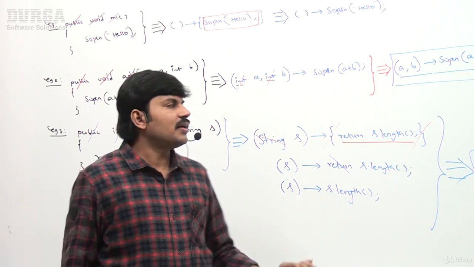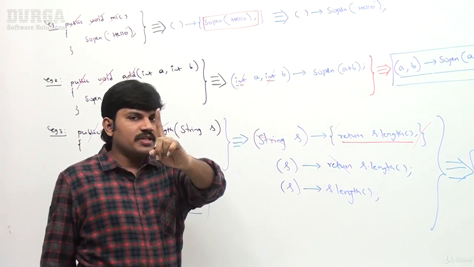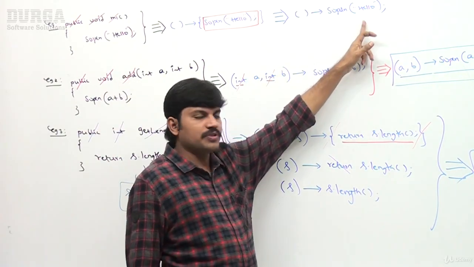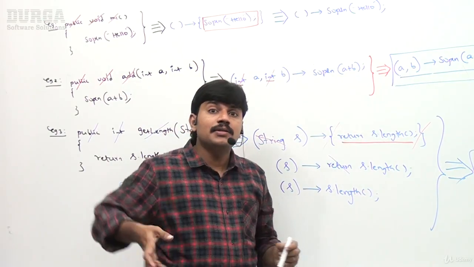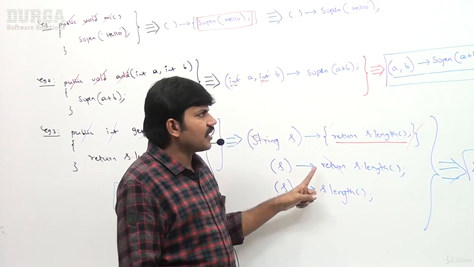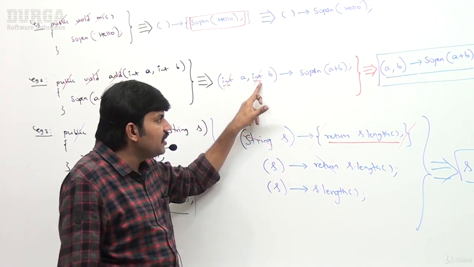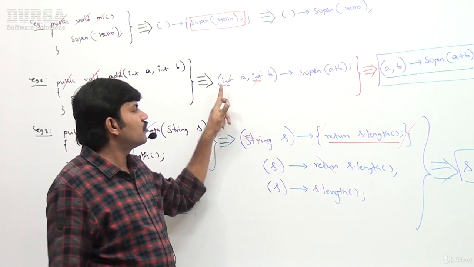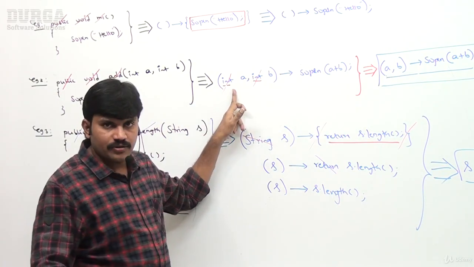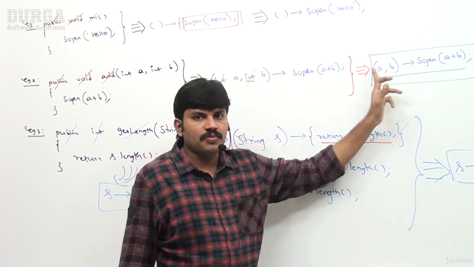Clear, right? Next, if the lambda expression body contains only one statement, curly braces are optional. If the body contains multiple statements, compulsorily we have to take curly braces, right? Next, second, if the compiler guesses the types automatically based on the context, I can remove these types, right? Okay. Now, after removing the types, how does the lambda expression look like?